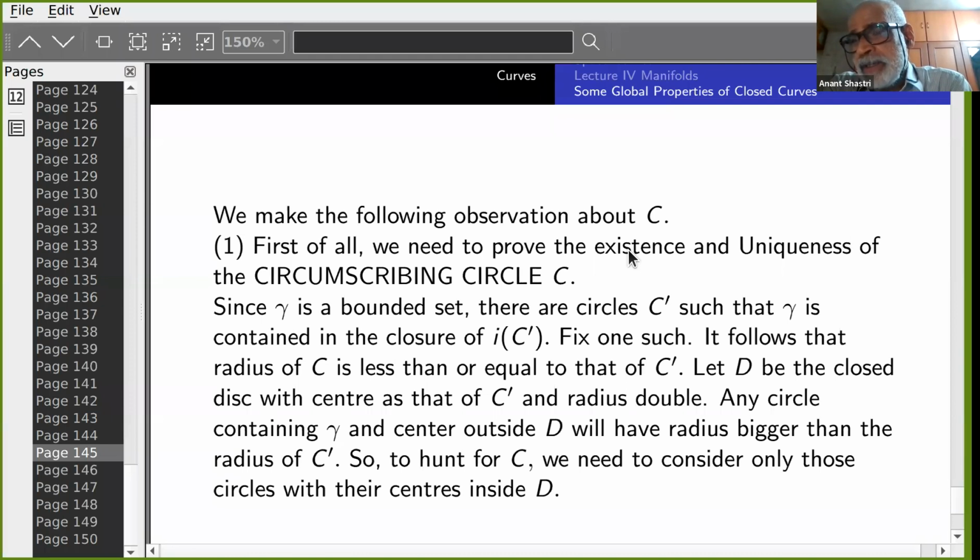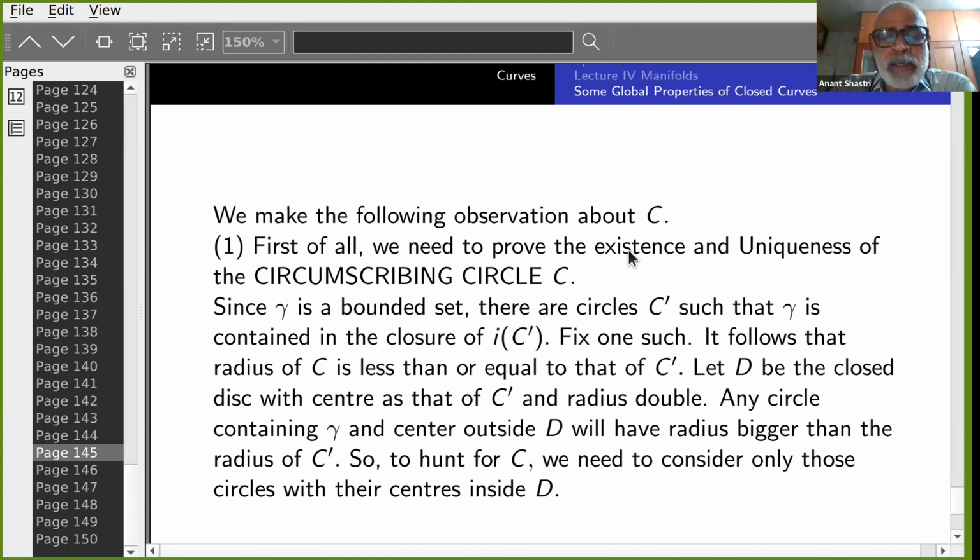Okay. So we are not going to fall into that trap here. We are going to prove that the circumscribing circle does exist for every compact set. All right. So instead of every compact set, I am just using it here only for the given curve. Doesn't matter. Okay. Let us see how.